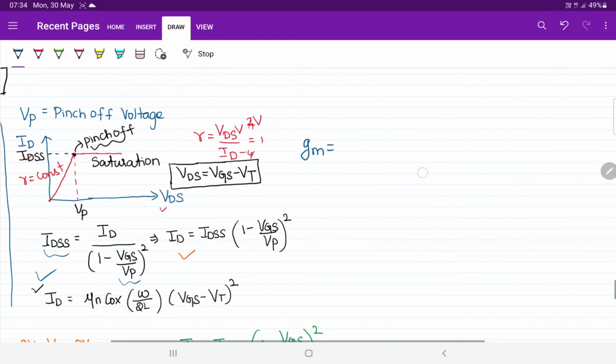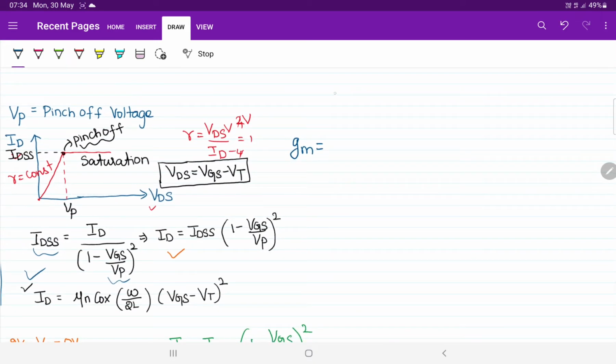What is the formula to calculate the transconductance when the drain to source saturation current and pinch-off voltage are given? Just to note it down, the formula is gm = -2 IDSS / VP times (1 - VGS / VP). By using this formula directly you can calculate the value of transconductance.